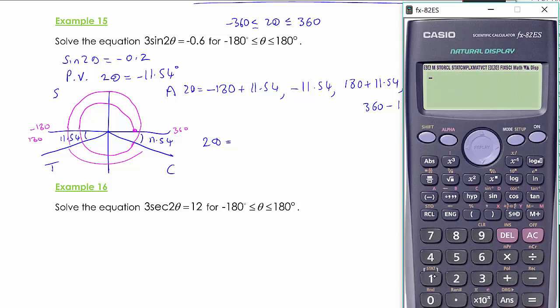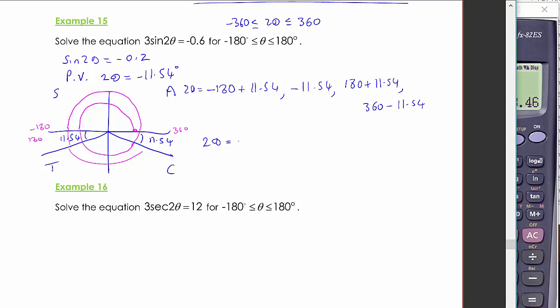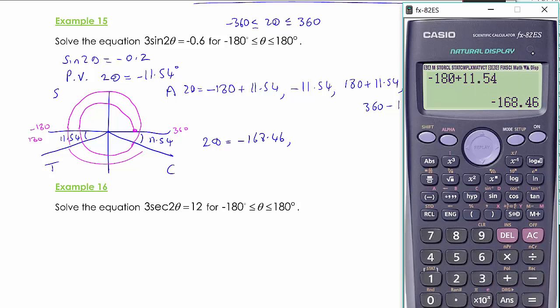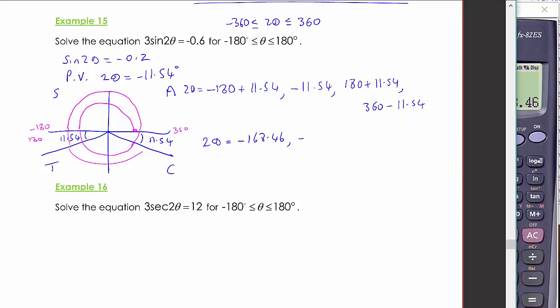So I've got negative 180, add 11.54, negative 168.46. So negative 11.54, that's an obvious one.